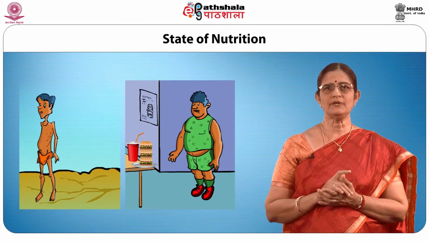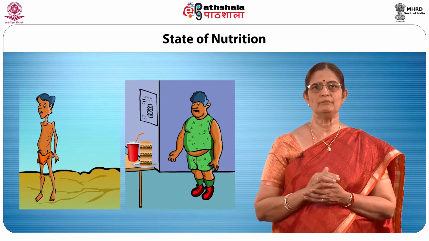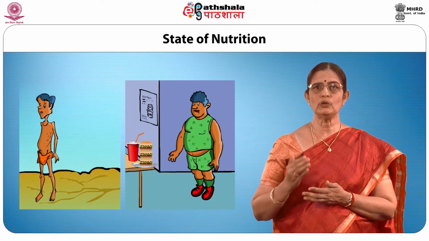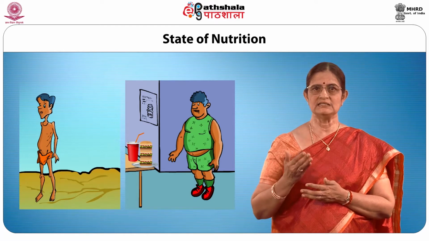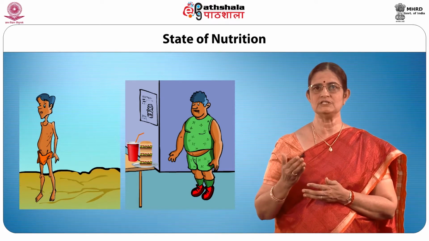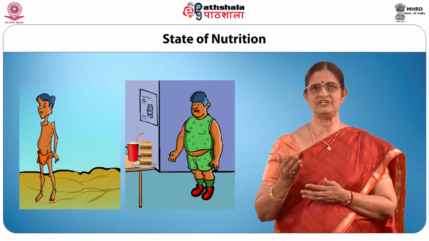Next factor is state of nutrition. After prolonged calorie undernutrition, BMR may fall to at least 20 to 30% below normal. This reflects the body's adaptive efforts to conserve energy when there is a deficiency.